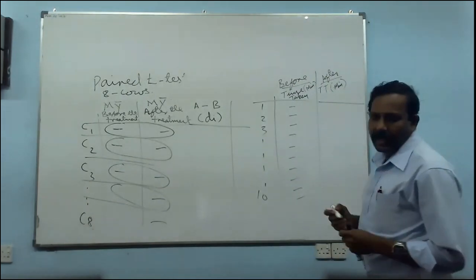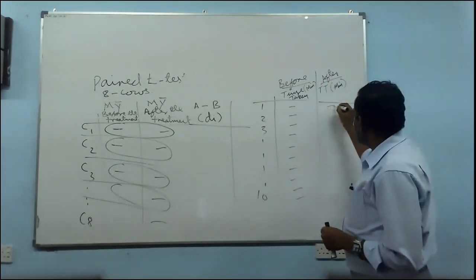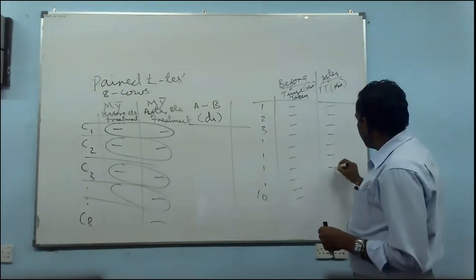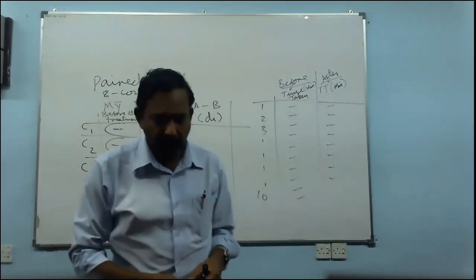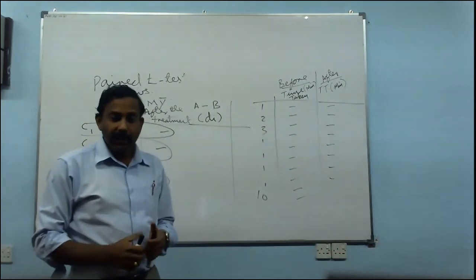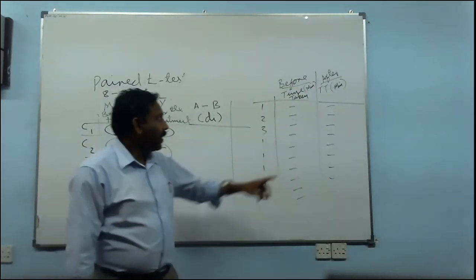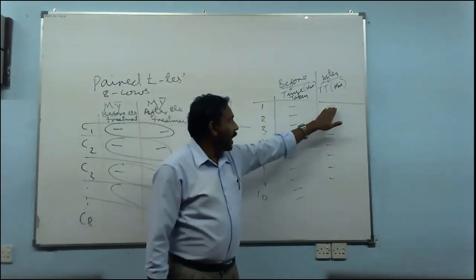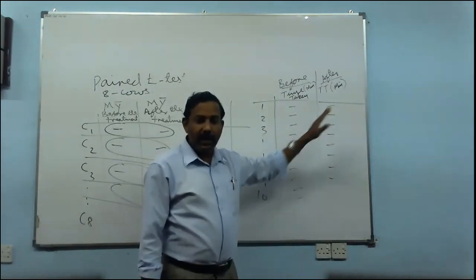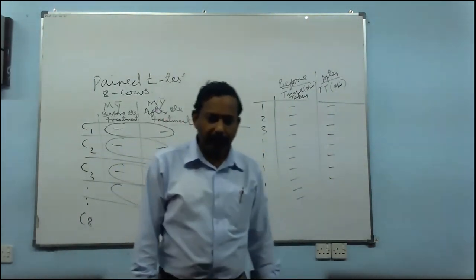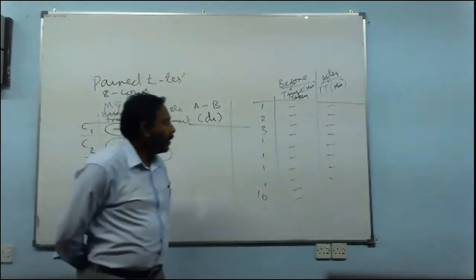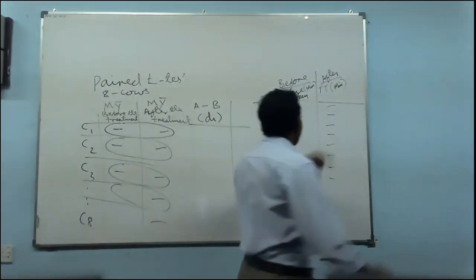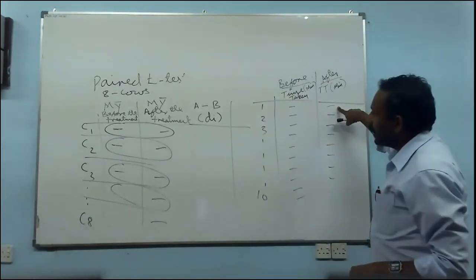Now tell me, if the training is said to be effective, what can you say about these time differences? Which one is higher, which one is lower? Lower time is after training, right?